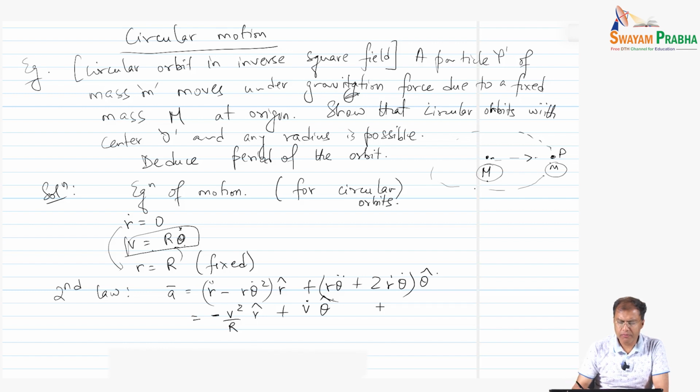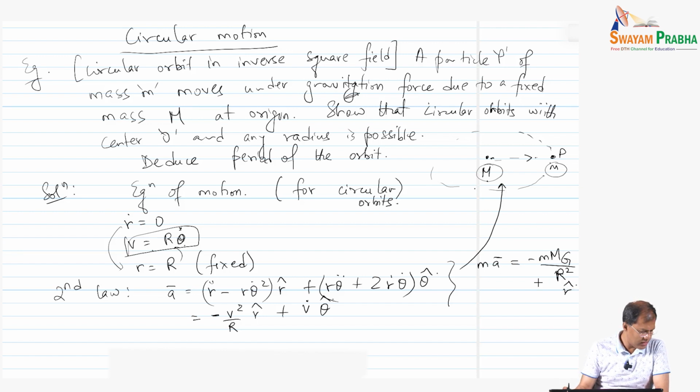We also see that my acceleration is going to be given by, since this is a case of gravitational attraction, Newton's second law yielding the following relation: m a is equal to minus m capital M G by r square times r hat. That is my Newton's second law. Now let us plug all these relations into the formula for acceleration.